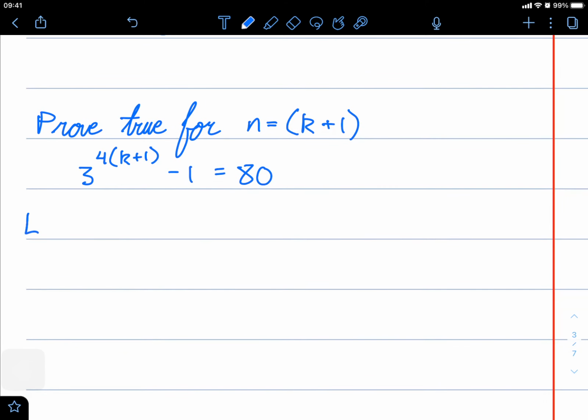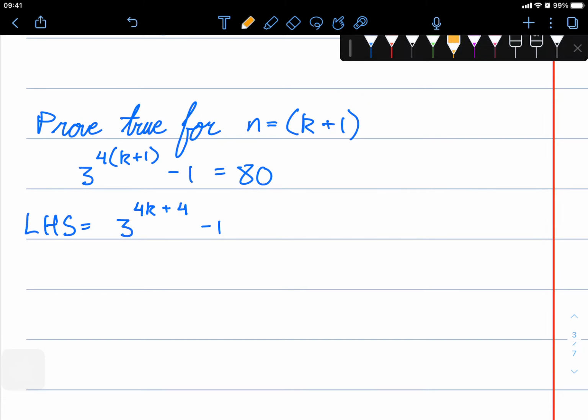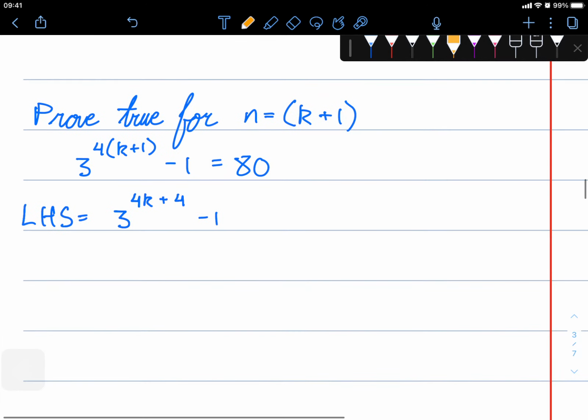So let's focus in just on the left hand side of this equation. We're going to expand this. This gets us 3 to the power of 4k plus 4, minus 1. Now here's where some work needs to be done. Just to get across what I'm about to do, imagine this expression as 3 to the power of a plus b, which looks just like it, right?